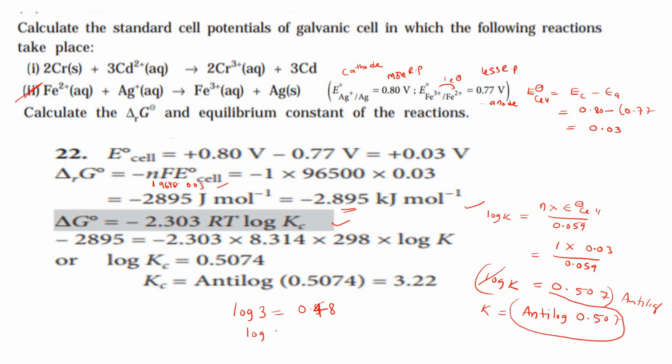Now take log 3.2, which will definitely be roughly 0.507. Now take antilog here, the log will be cancelled. Now antilog of 0.507 equals how much? 3.2. So K equals 3.2. This way we can do the problem.